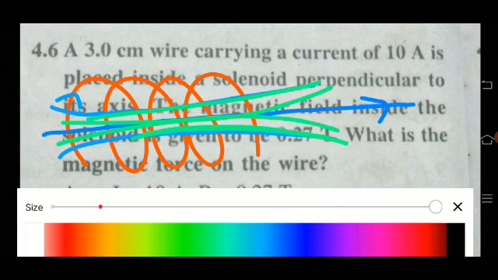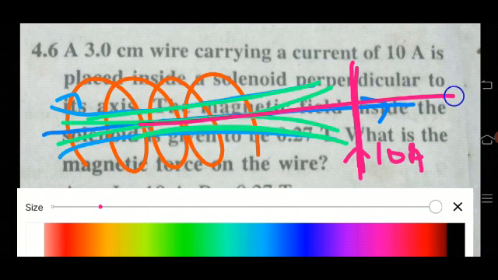In this problem, they have kept a current carrying wire. How much current does it carry? It carries 10 amps, perpendicular to the direction of the magnetic field or the axis.